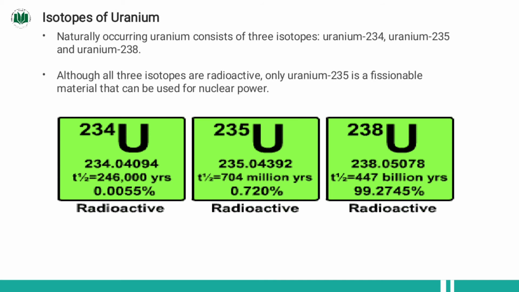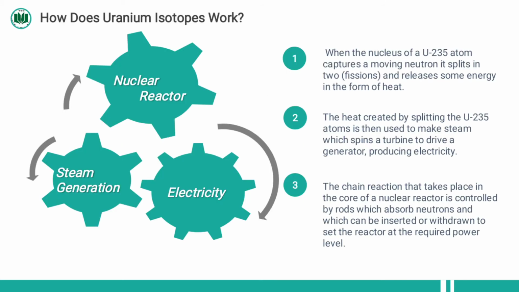When the nucleus of a uranium-235 atom captures a moving neutron, it splits into two and releases a tremendous amount of heat. The heat generated by splitting the nuclei of uranium-235 atoms is then used to make steam, which spins a turbine to drive a generator, thus producing electricity.